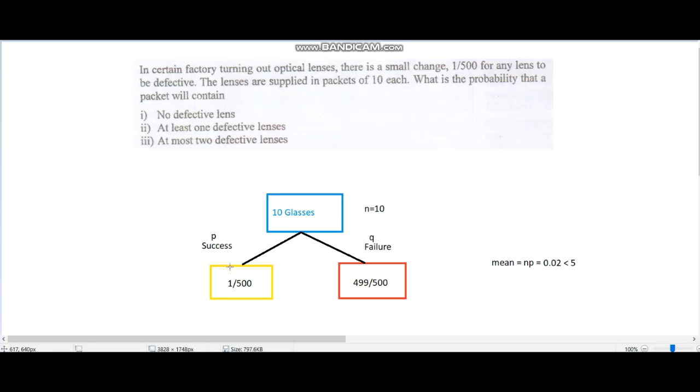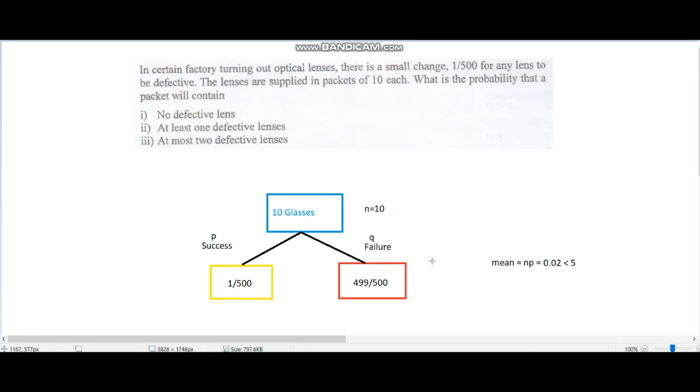The remaining is obviously the failure, because the total probability will always be 1. So if we subtract 1 by 500 from 1, we will get the failure.